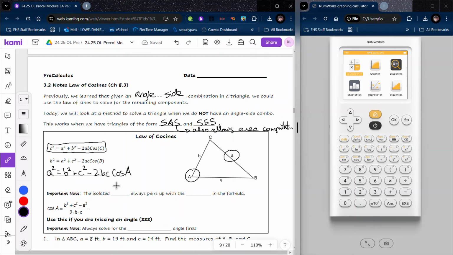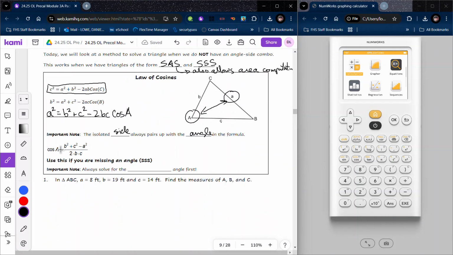The isolated side always pairs up with the angle in the formula. So if we want to figure out the side length A, we need to be working with angle A. Now, we can manipulate and solve the equation for the angle if we are simply missing an angle.